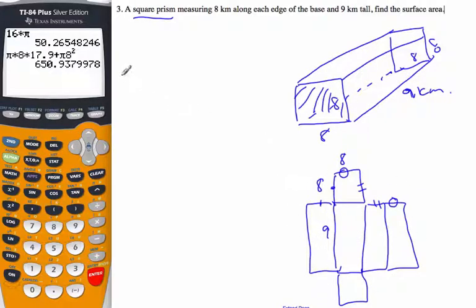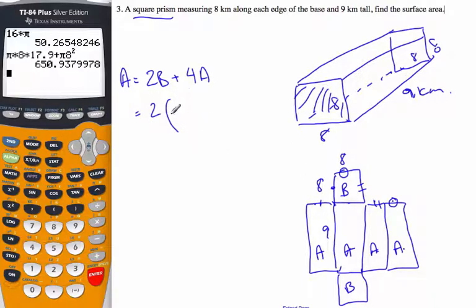If I call this B, I have two B's that are the same, plus these rectangles here, which are all the same, so I'm going to call them A. Because it's 8 by 8 by 8 by 8, there are 4 A's here. B is just 8 times 8.